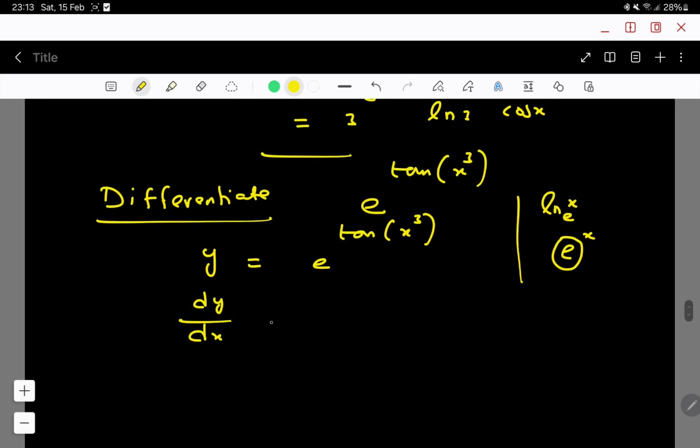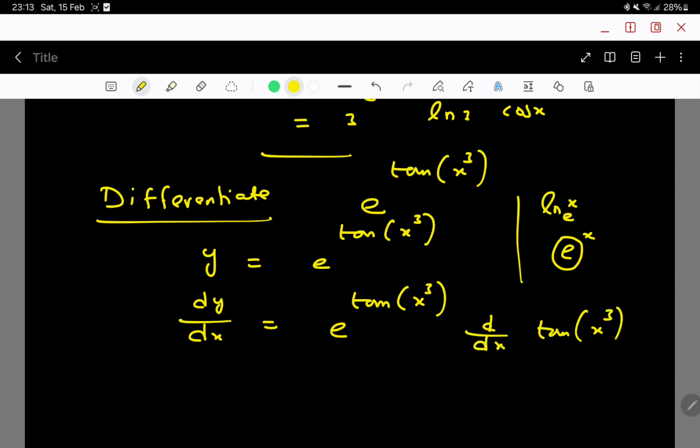So dy by dx equal to, write e power tan x cube, write the exponential as it is. Now differentiating the function f of x. What is f of x here? Tan x cube. So d by dx of tan x cube. We know d by dx of tan is secant square x cube. Again differentiating x cube, that is 3x square. That rule is called chain rule.